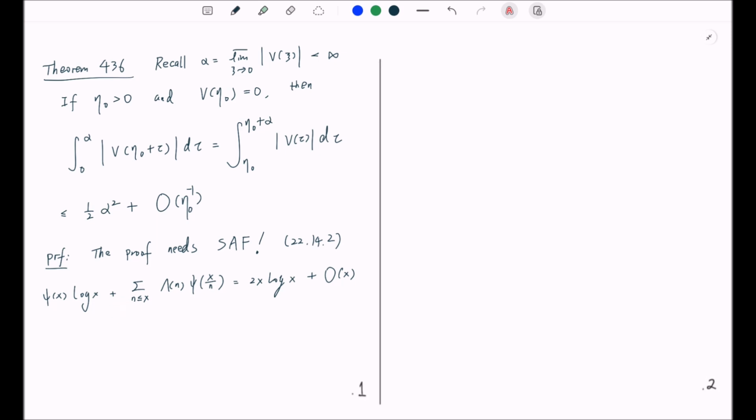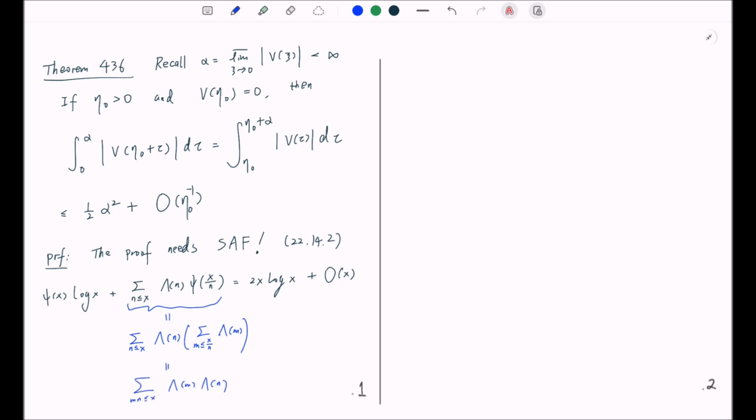Now, we're going to rewrite this formula by replacing this part by something else. By the definition of psi, we know the sum is equal to this, and if you combine this into one sum, this is what we get.